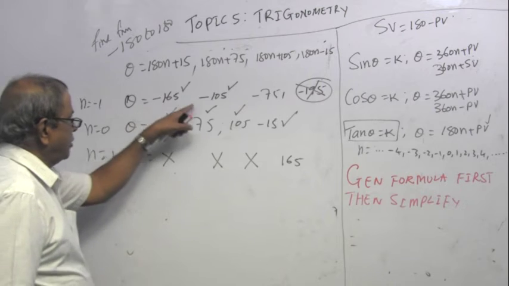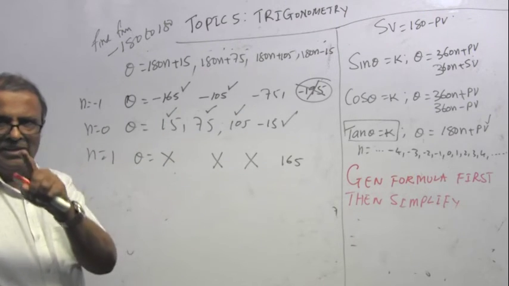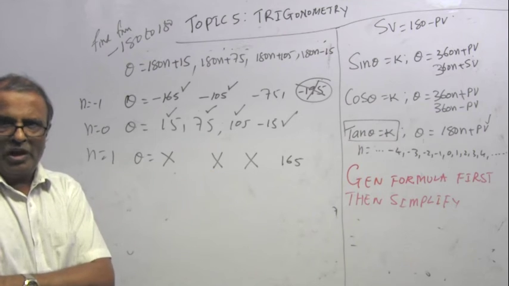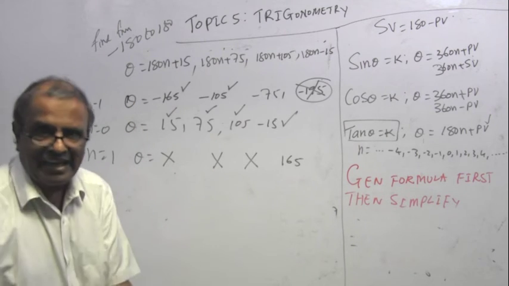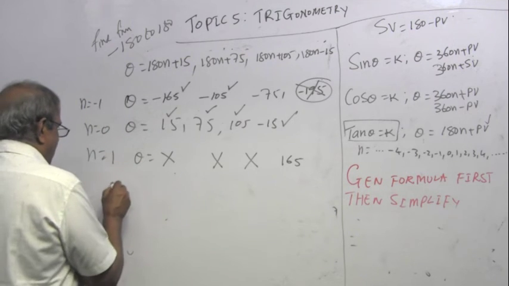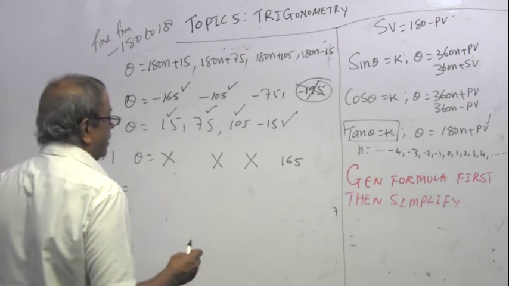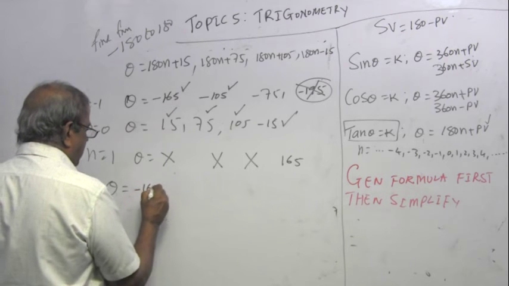So you got 1, 2, 3, 4, 5, 6, 7, 8. 1 theta, 360 degrees, 4 answers. 2 thetas, 360 degrees, 8 answers. Thus, mentally you check that you got the right number. Always put them in ascending order. The smallest angle is minus 165.